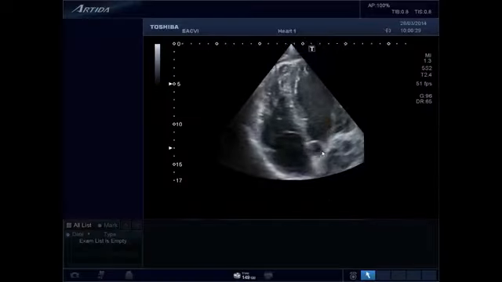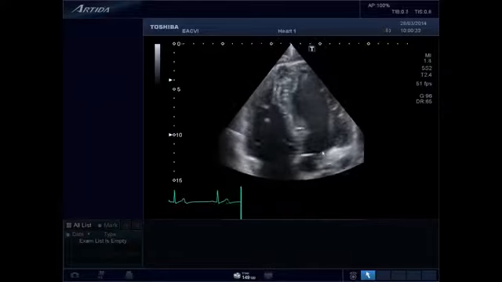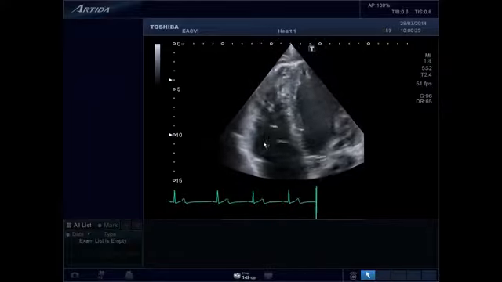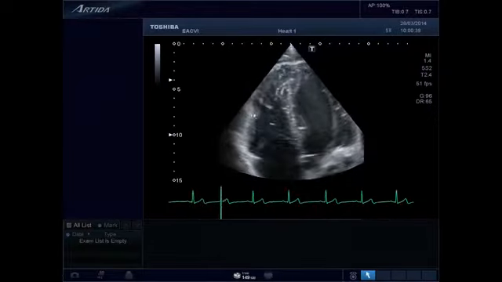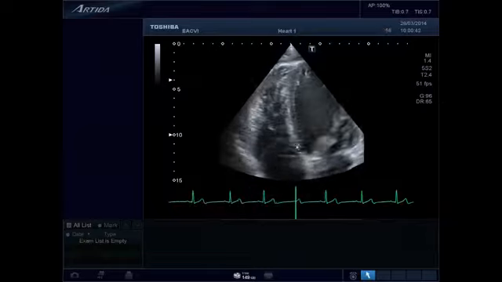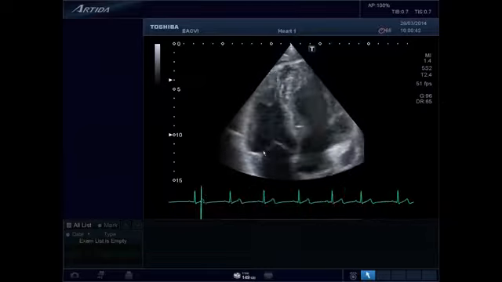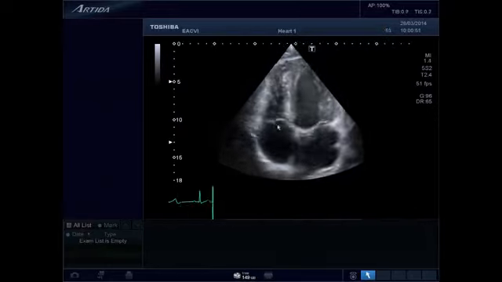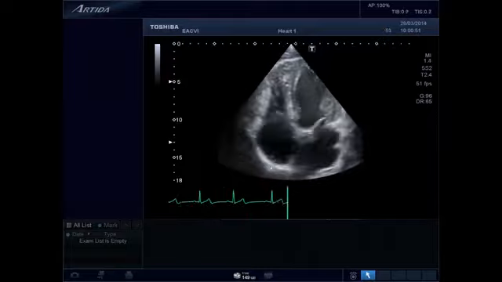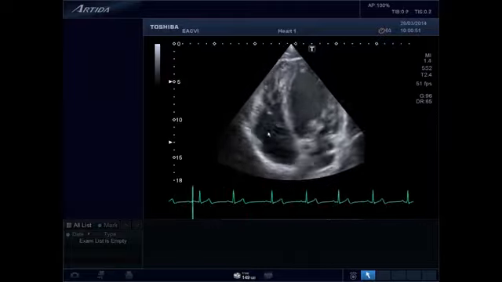And then I will decrease the depth in order to obtain a beautiful view of the right ventricle with the lateral wall of the right ventricle and the tricuspid leaflet here. Then I can increase again in order to be able to measure the right atrium, the area or the volume here.